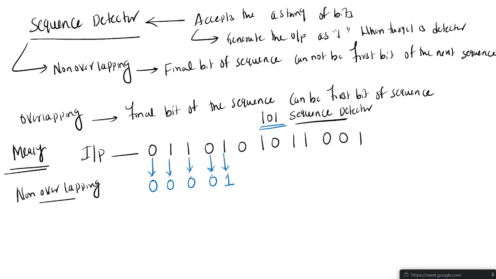And next, if it is 010, you didn't get the sequence. So that means here it will start freshly. The final bit of the sequence cannot be the first bit of the next sequence, so freshly it will start. So this is 0, and next 0, 1, 0, and 0, 1, 0, 0, 1, 0, 1 again the output becomes 1.